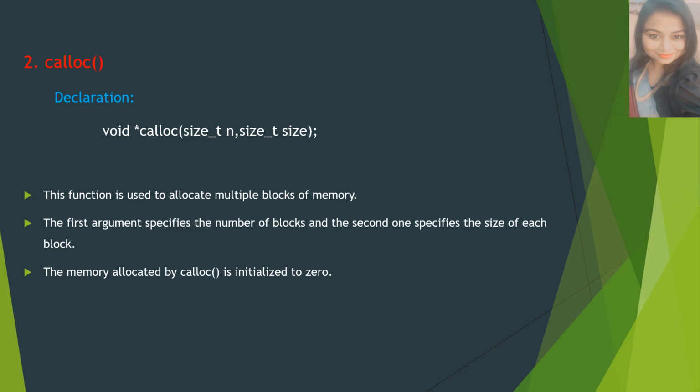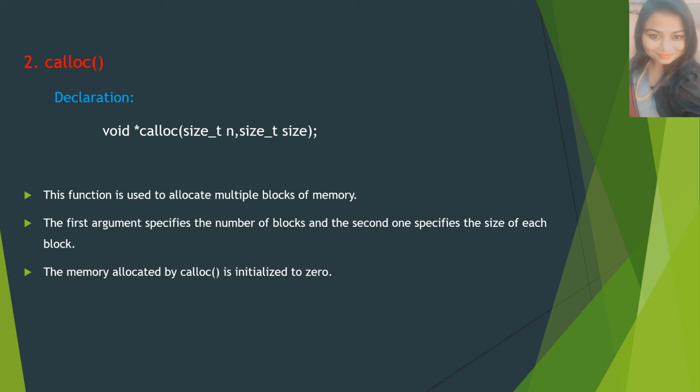Then the second one, calloc. Calloc is also a function used for allocating multiple blocks of memory. The syntax of the calloc function is void pointer calloc, within brackets size_t n, which is an argument of size_t, and one more argument, size of size_t. Here also there are two arguments.